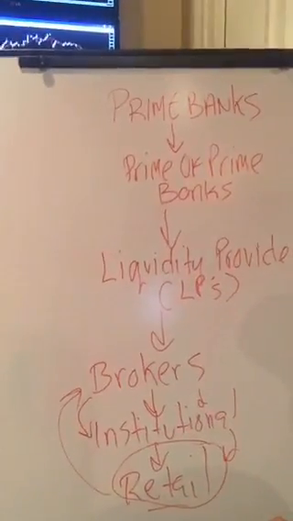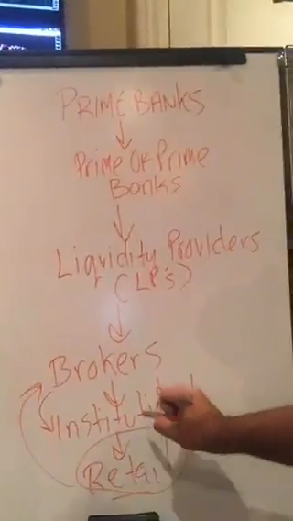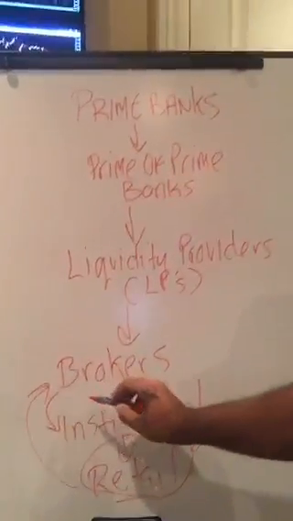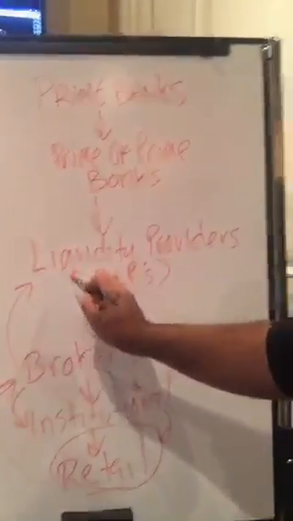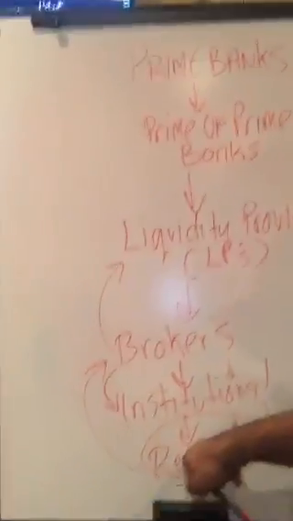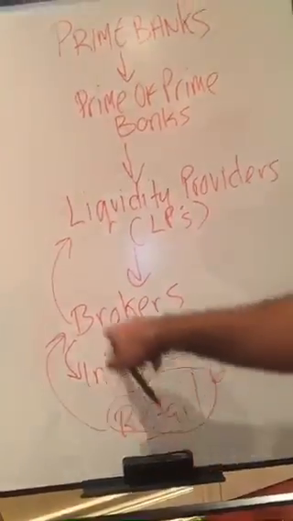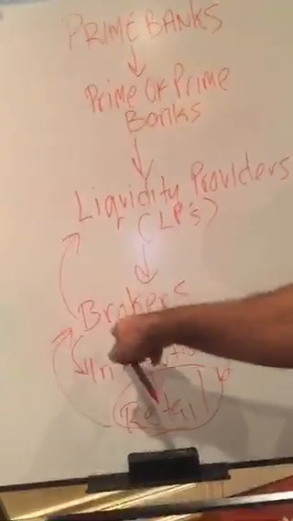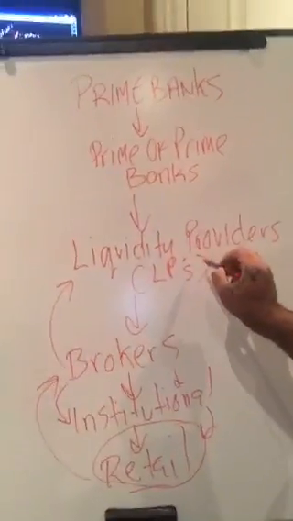However, if there's no institutional player on board, that's fine. 99% of the time, the broker is going to make a request from the liquidity provider. So you bought $5 worth of USD from your broker. Your broker, within a nanosecond, buys $5 USD from your liquidity provider.